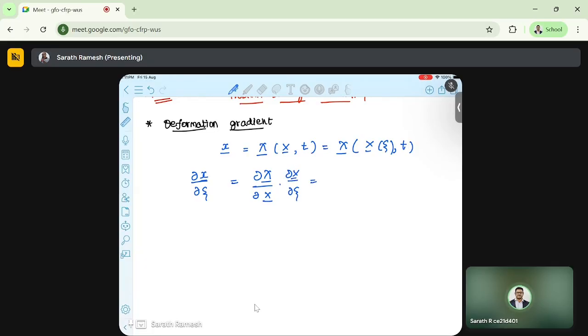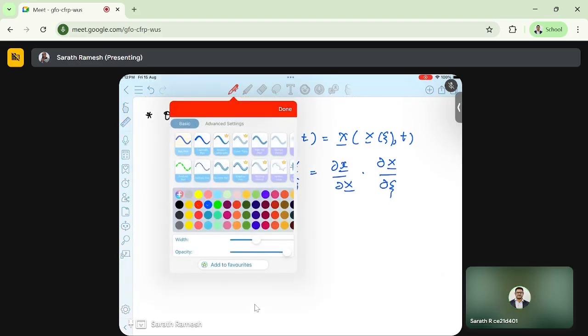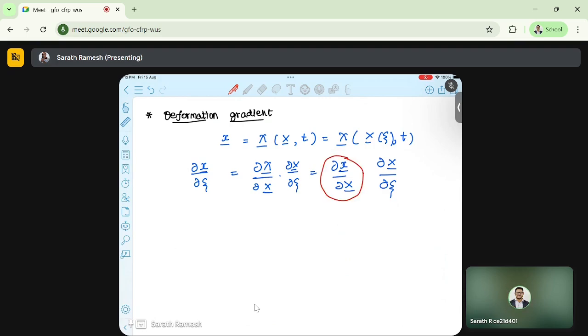So this particular quantity, again we can represent in terms of dou small x by dou capital X times dou X by dou psi. This particular thing we call F. So what is F?